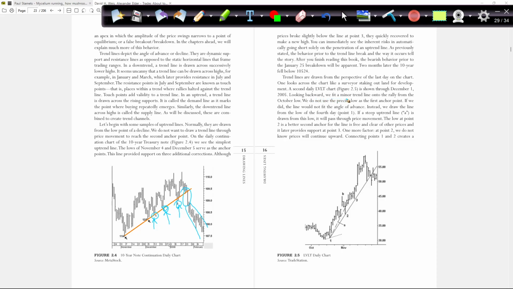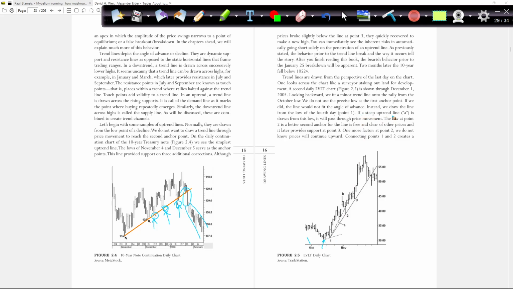Looking backward, we fit a minor trend line onto the rally from the October low. We do not use the precise low as the first anchor point. If we did, the line would not fit the angle of advance. Instead, we draw the line from the low of the fourth day, point 1.